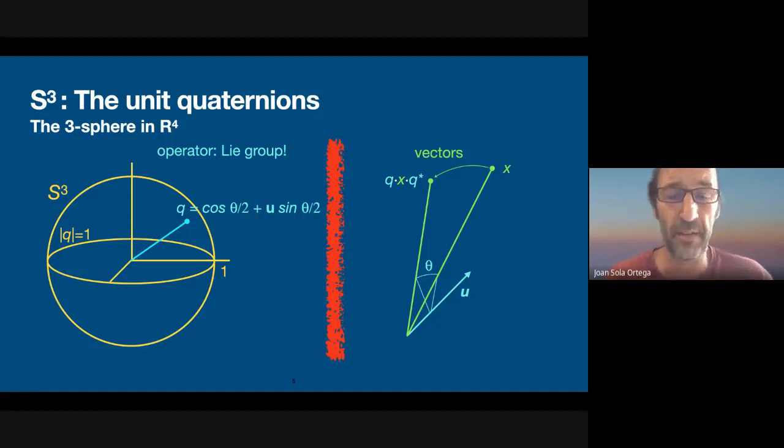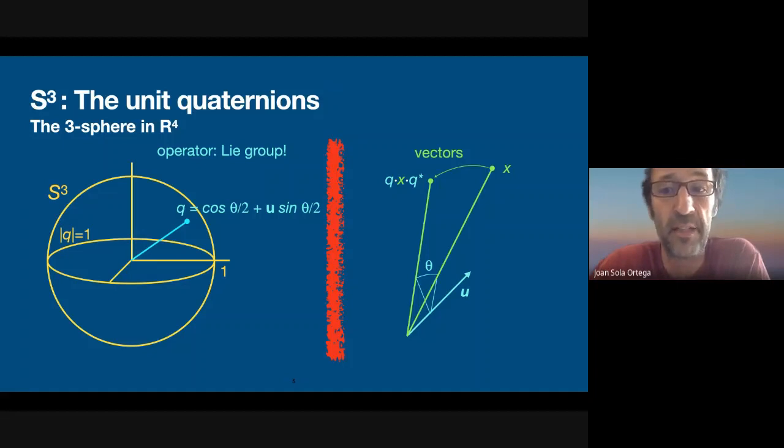So I am obliged to separate these two spaces. In the case of complex numbers and rotation matrices, I could still draw everything in one unique drawing, but in this case, this is no longer possible. So a quaternion Q is able to rotate a vector x by performing the operation Q times x times Q conjugate.